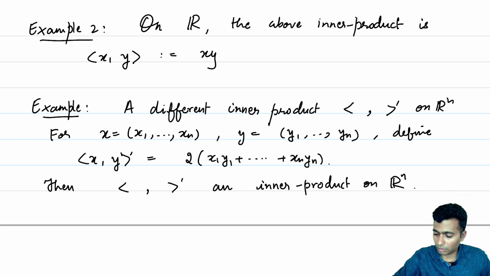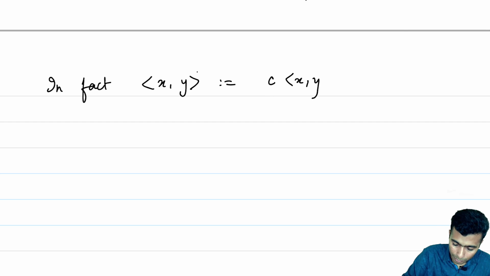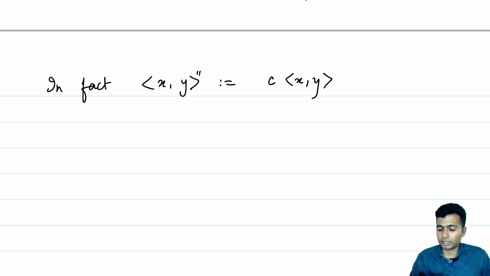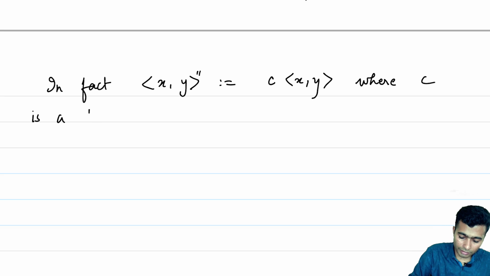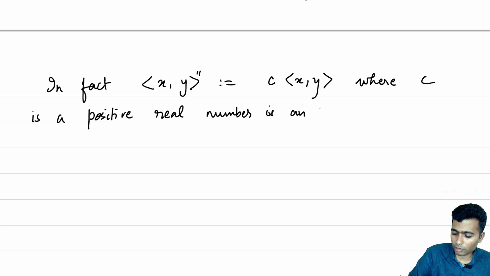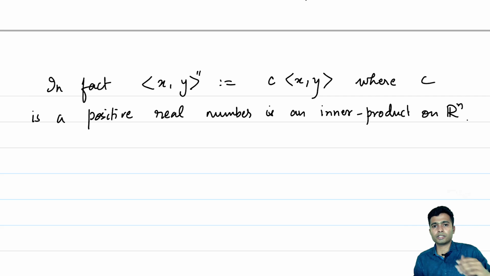In fact, x comma y defined as C times the inner product of x and y, so let me put a double prime here, C times x comma y, where C is a positive real number, is an inner product on Rn. So as you can see, one could define multiple inner products on the same vector space.